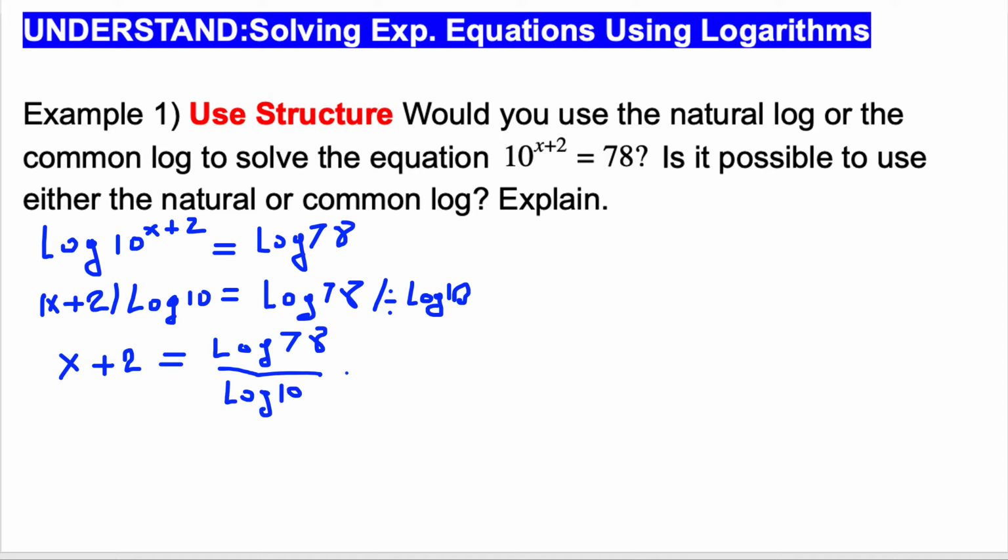And we subtract 2 from everything, so finally x is going to be equal to the common log of 78 divided by the common log of 10, minus 2.